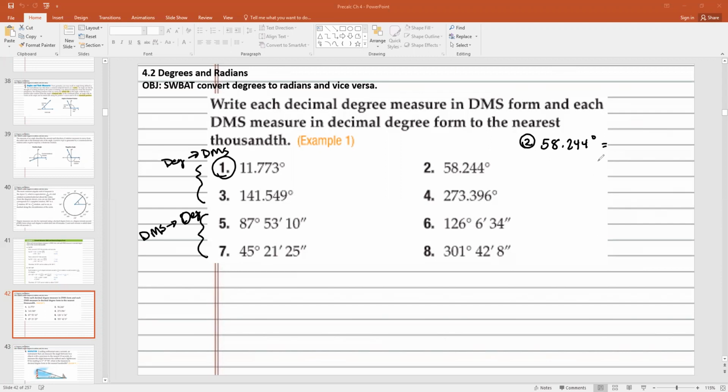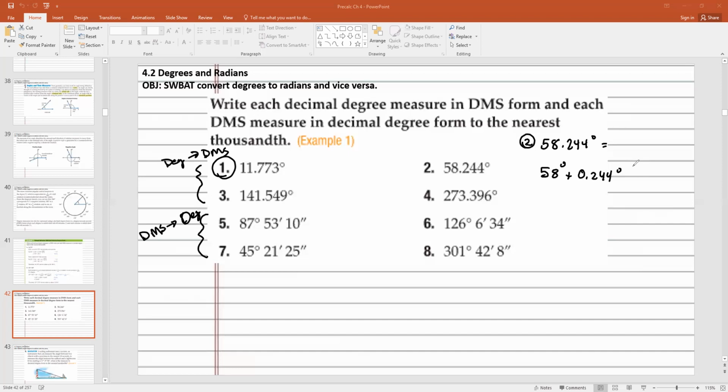All right, so this is going to be equal to, so we want to take the whole number part, that 58, and then we want to add that to the decimal 0.244 degrees, okay?